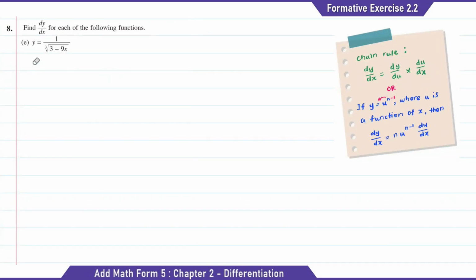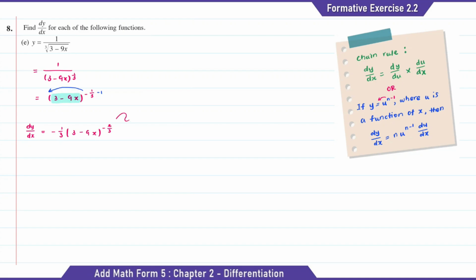Question E. I can write this as 1 over 3 minus 9x to the power of 1 over 3, which is the same as 3 minus 9x to the power of negative 1 over 3. Then dy/dx is equal to negative 1 over 3, bracket 3 minus 9x to the power of negative 4 over 3.